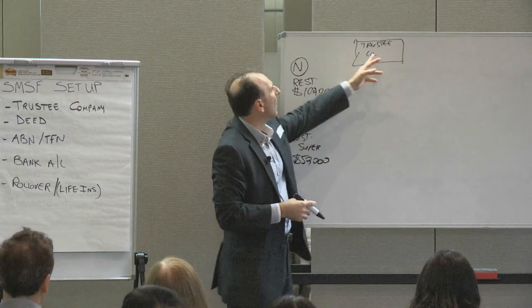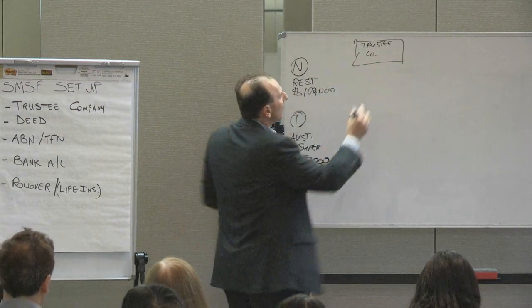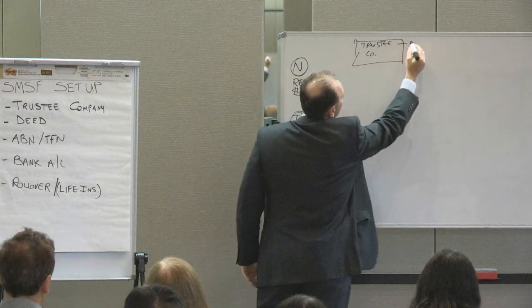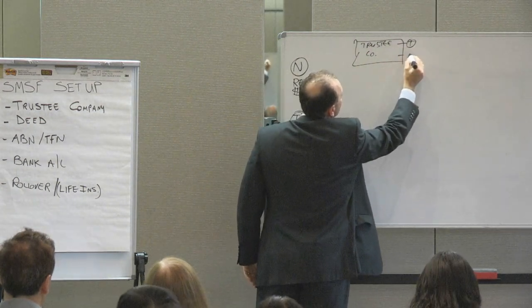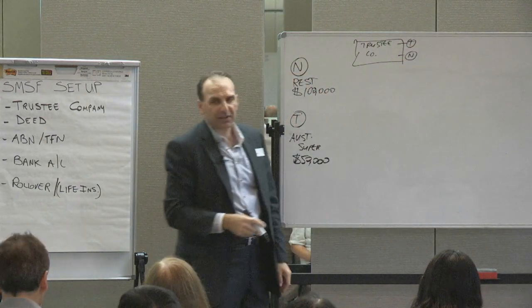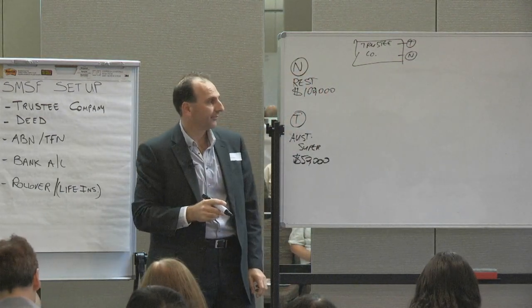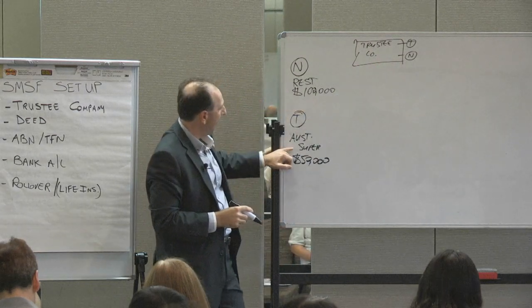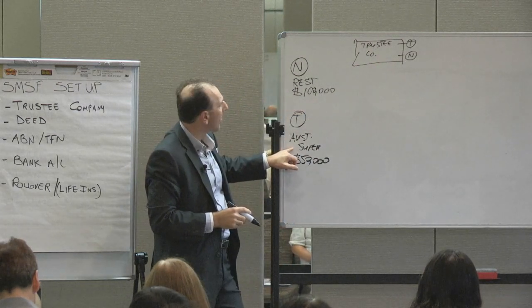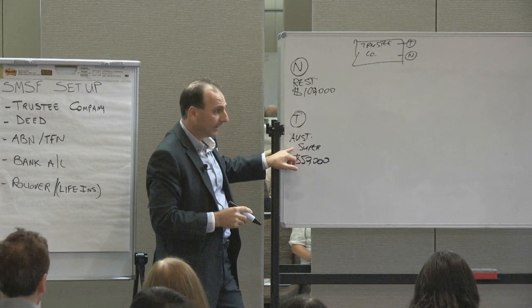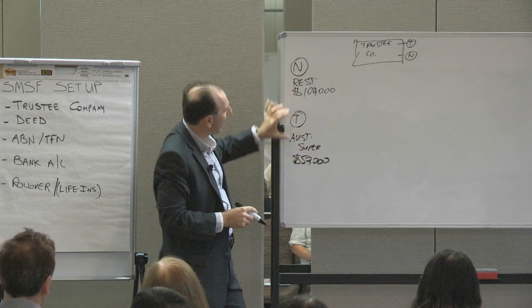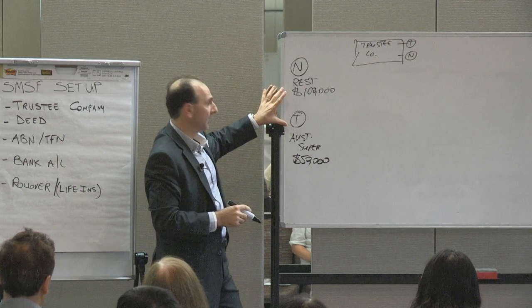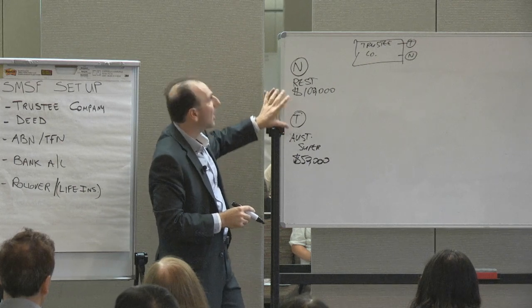But remember, by law, both of you, Tony and Nada, are the directors of that superannuation fund. So no longer is Rest and Australian Super managing your money, and no longer are their respective trustee companies administering Rest and Australian Super.